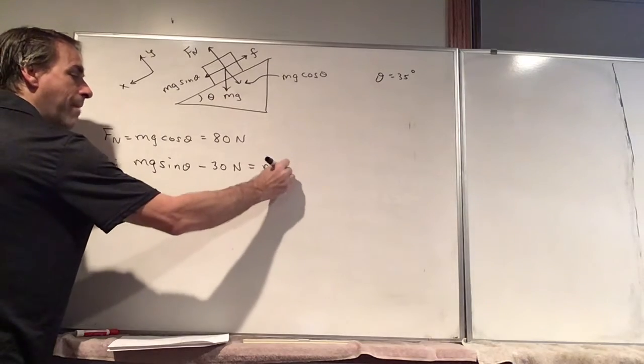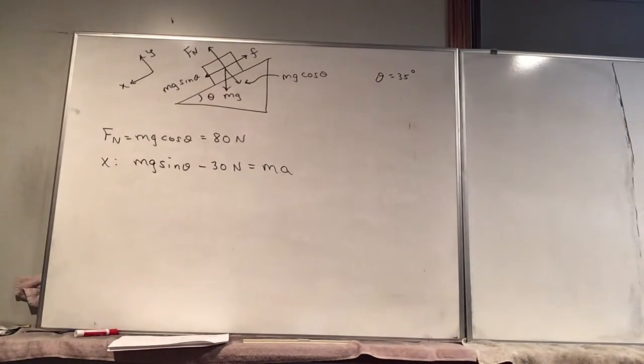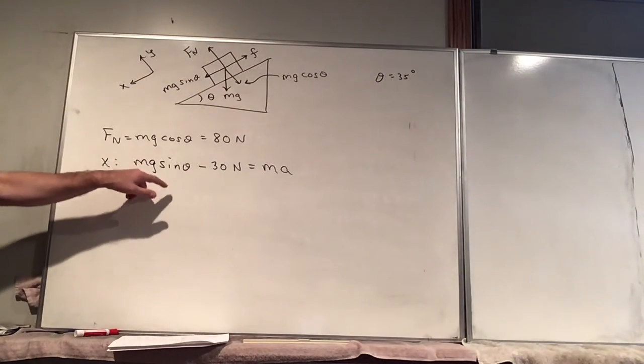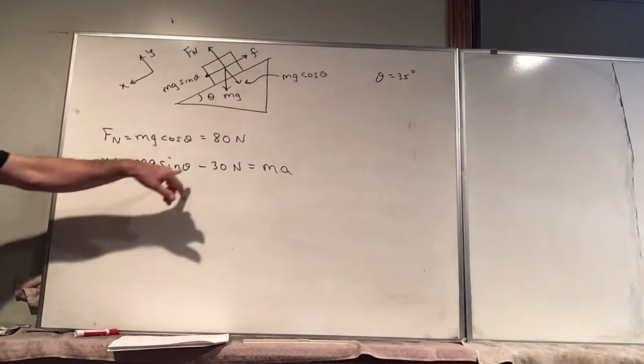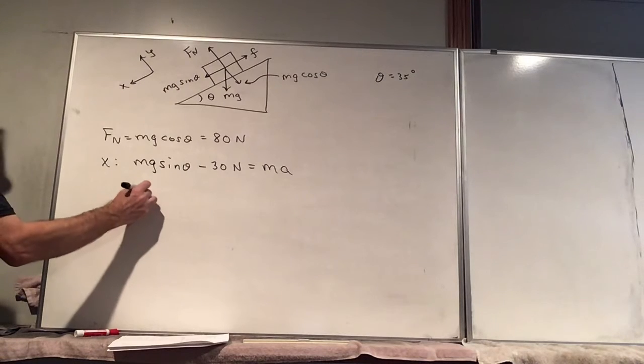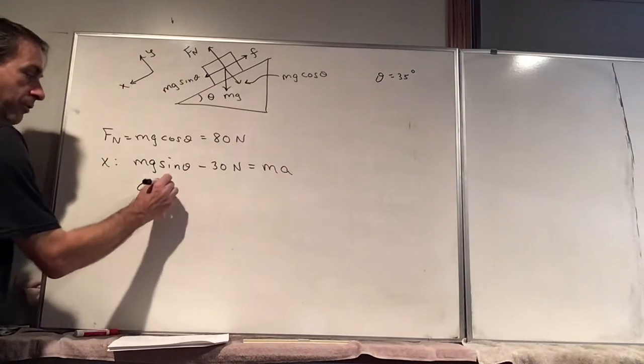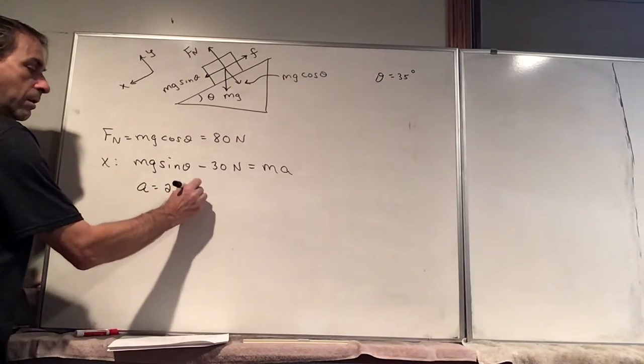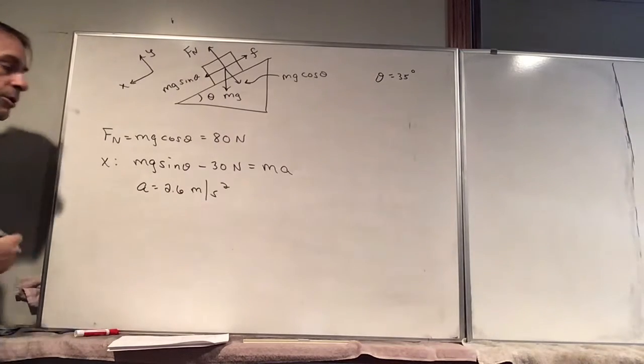That would be just mass times the acceleration. So we could plug in the numbers. We know m, obviously we know g and theta. Subtract 30 newtons, and we would get an acceleration of 2.6 meters per second squared.